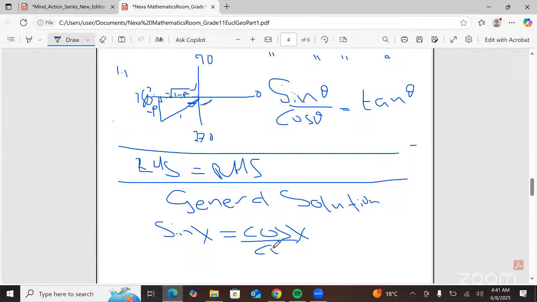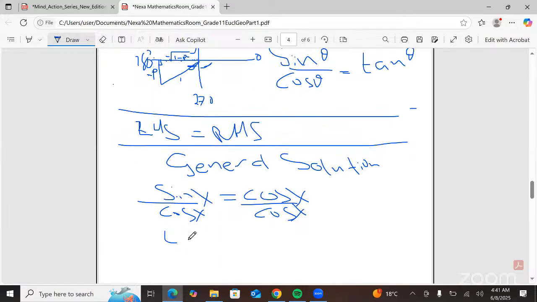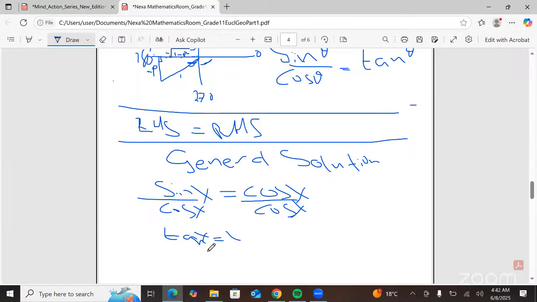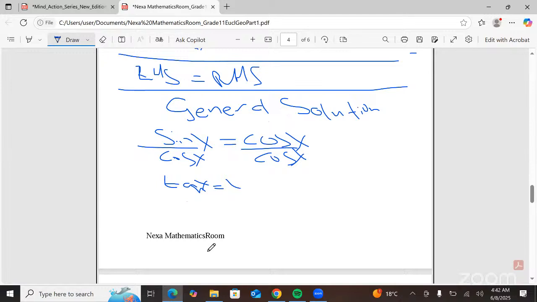You can do this, and then this is going to give you tan x is equal to 1, and then you solve for the value of x. So with these general solutions, the first technique that I encourage you to use is to look out for the common factor.